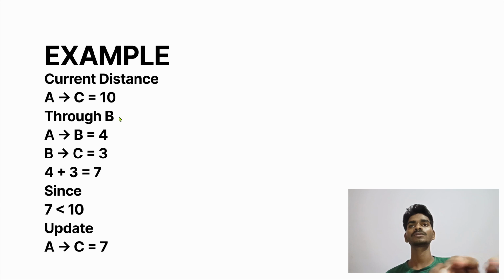So the total distance from A to C through B will be 4 plus 3, that is 7. Since 7 is less than 10, I will update the distance from A to C to 7, because we have to choose the smallest value. We want the shortest path, and that is the reason I chose 7 as the distance from A to C.